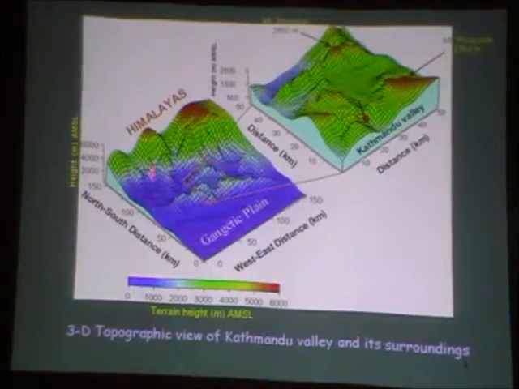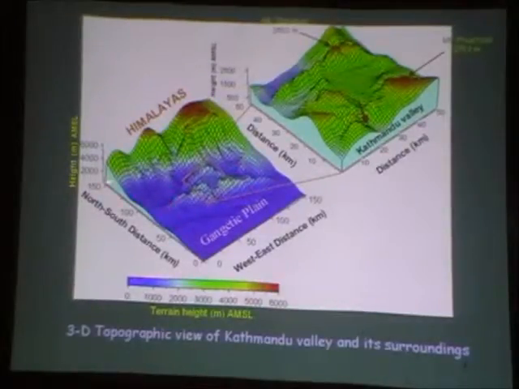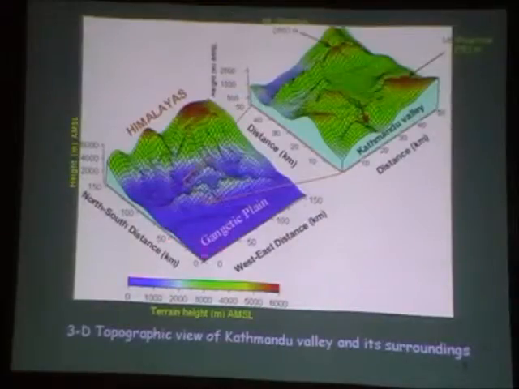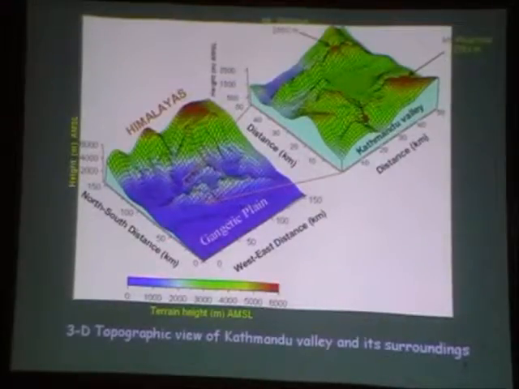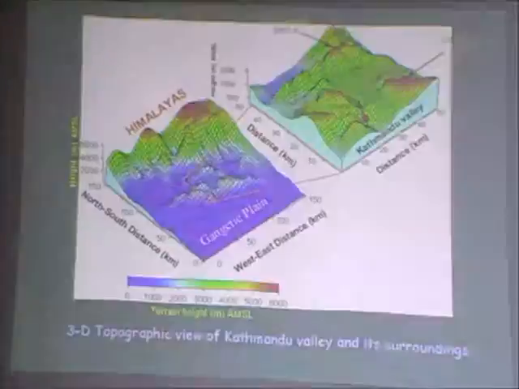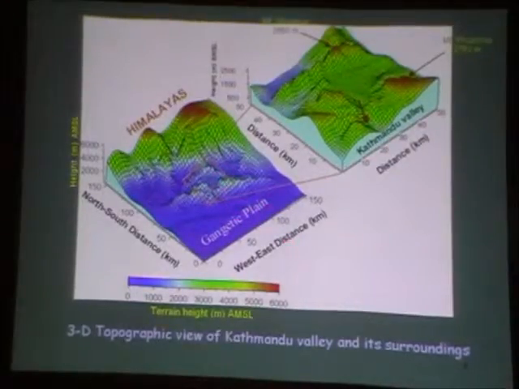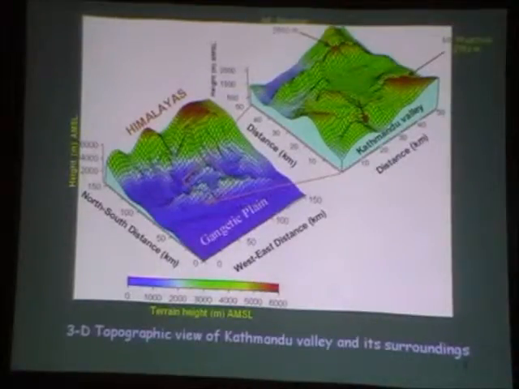The terrain of Nepal is very complex. It is less than 100 meters and goes up to 8,000 meters, and this is the Kathmandu Valley, which is located atop a mountainous region, and this is very typical. It is surrounded by lower valleys and plain areas, and it can be considered as an elevated plateau with a rim.